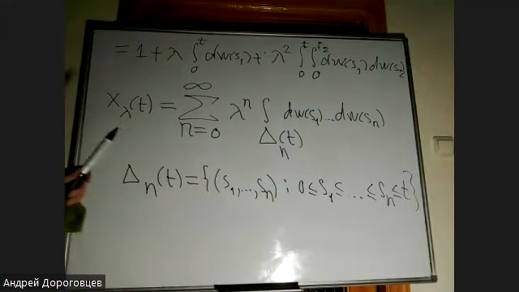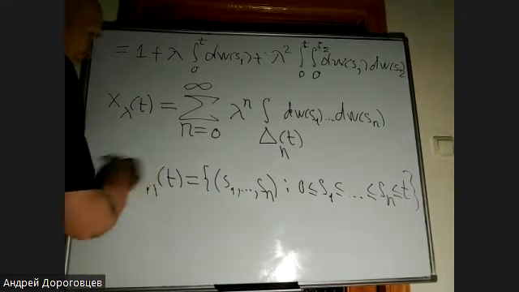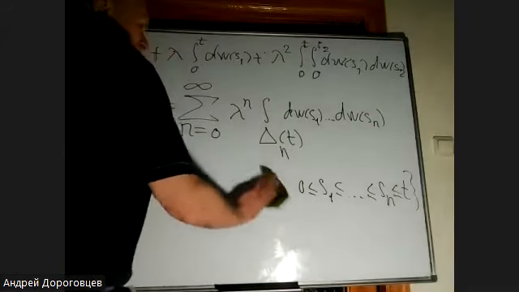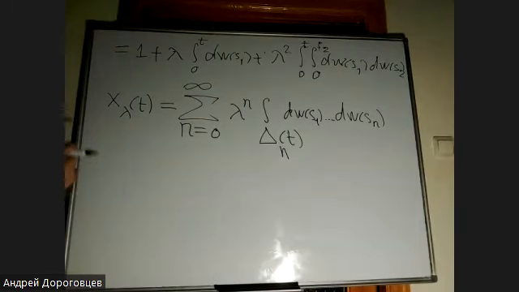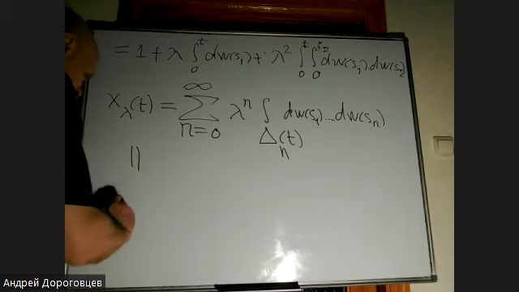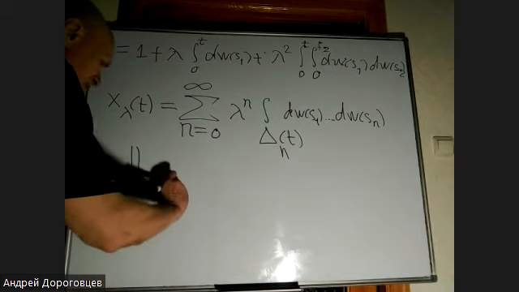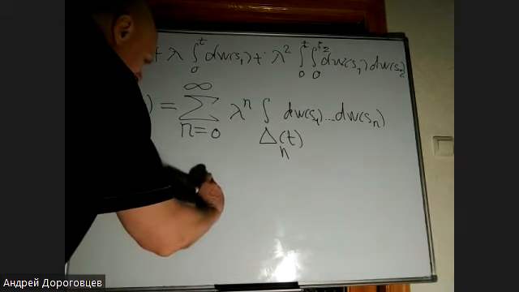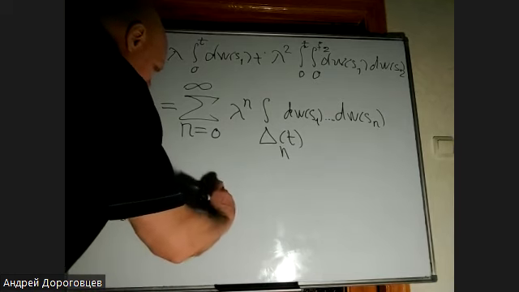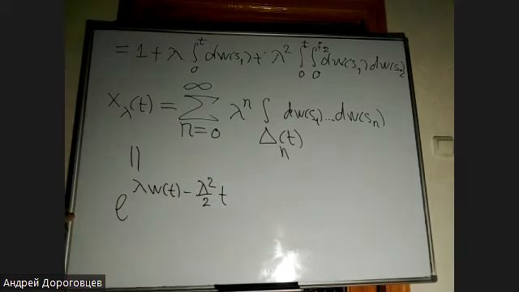So let us recall now that X lambda t is a stochastic exponent. I will write it as follows with the vertical sign of equality. Here is e to the power lambda W t minus lambda square divided by 2 t.